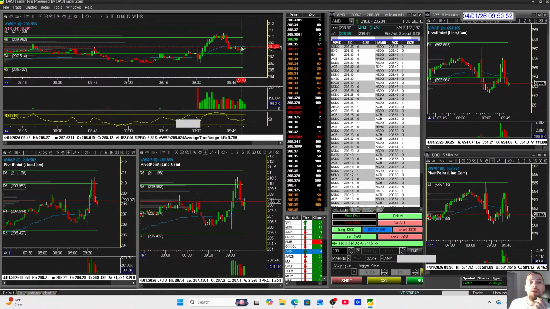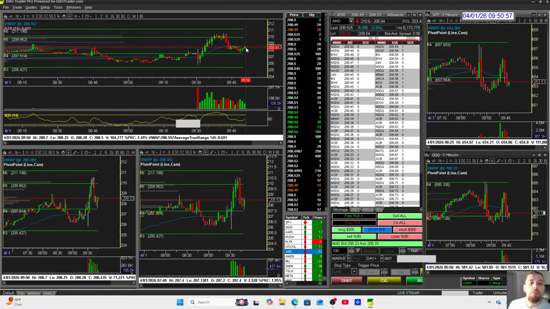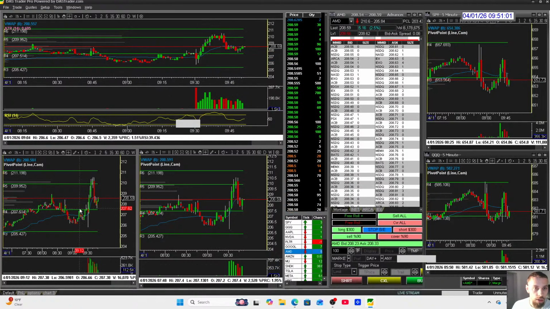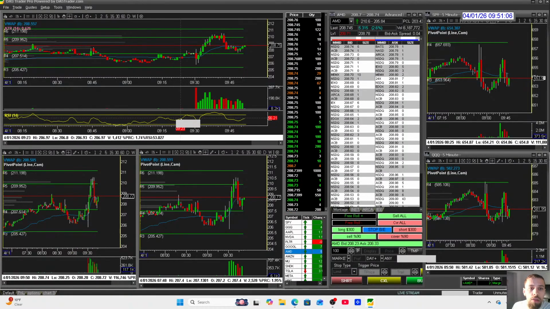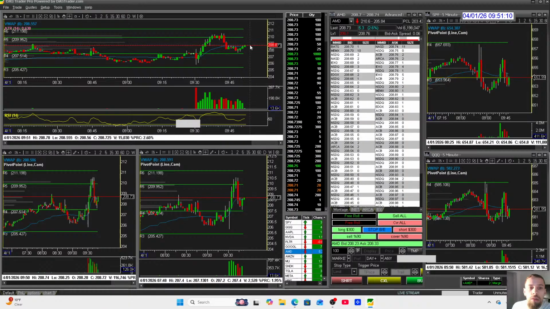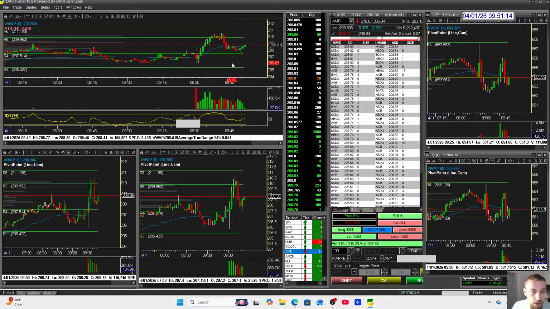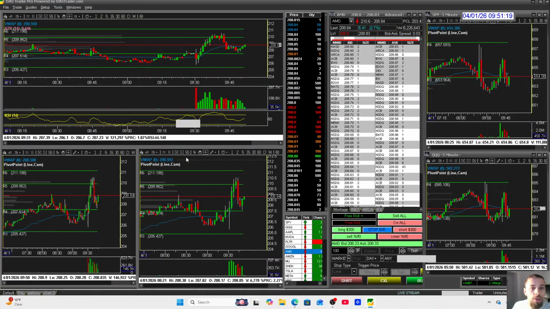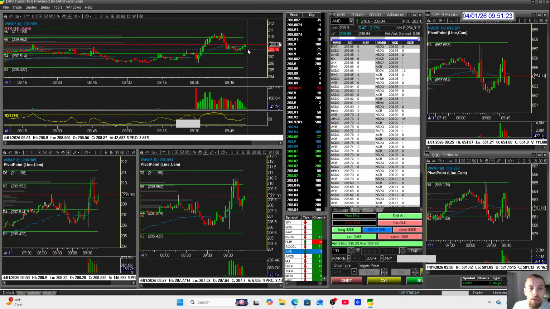Testing VWAP right now. The tape seems to be, well, there's some buying and selling going on. Bulls and bears duking it out. So I think this is where it gets confusing to me a little bit, adding to your position on contracts here. Okay, yeah, so slightly red on the day right now.